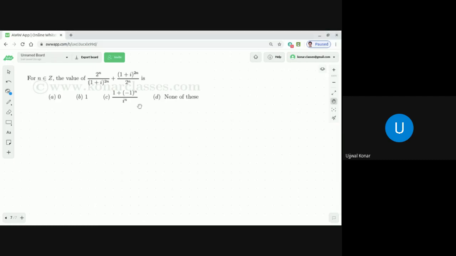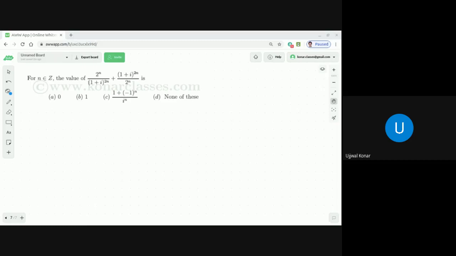So the way to perform this one, dear students, this entire expression whatever has been given, we can write something like this: 1 plus i power 2n, we can express like this, (1 plus i power 2) and whole power n. Correct or not?